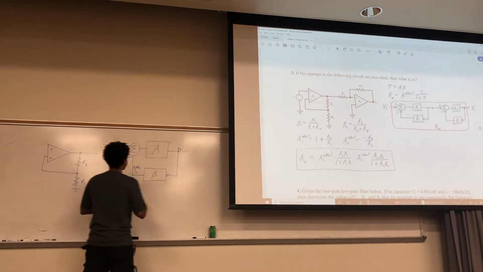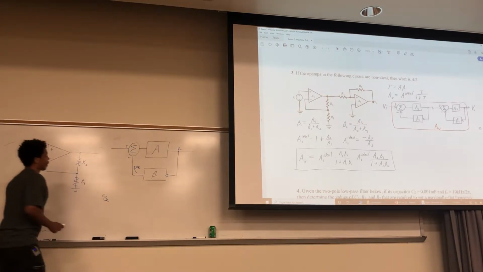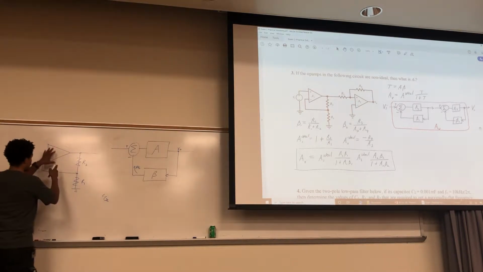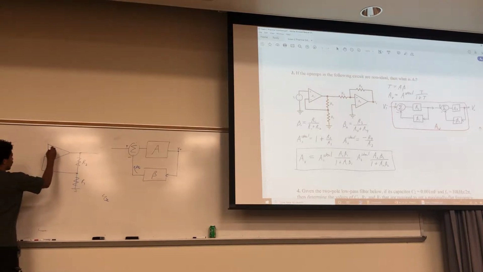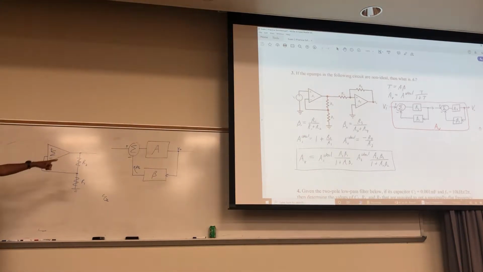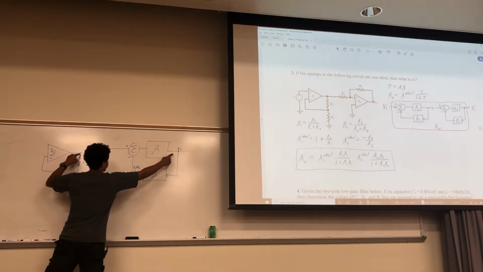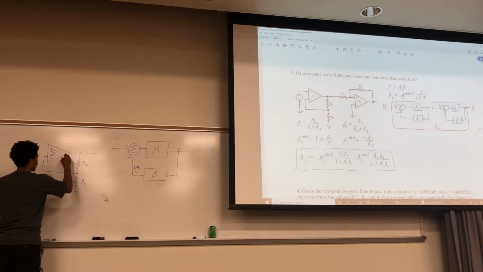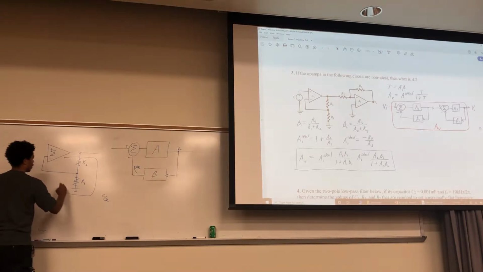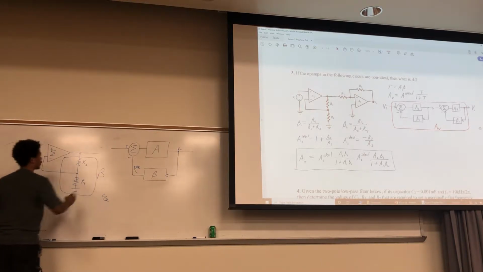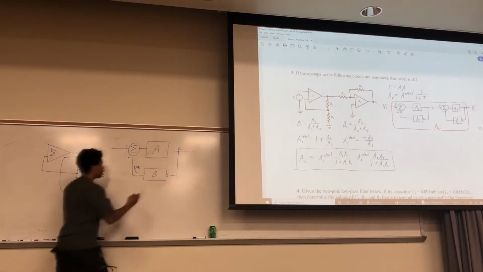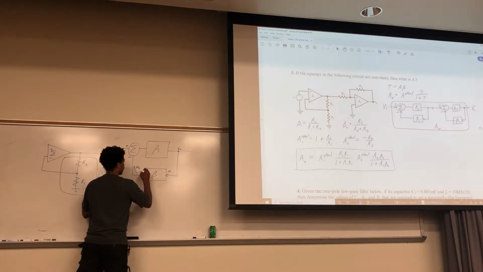That's what's happening here. And this piece right here, think of this as your summer, which is a difference. You have these two signals coming in here, you're combining them together, and then going through some amplification to your V out, and then you're going back this way. So this right here is your beta. Here's the input to the beta, here's the output of the beta.